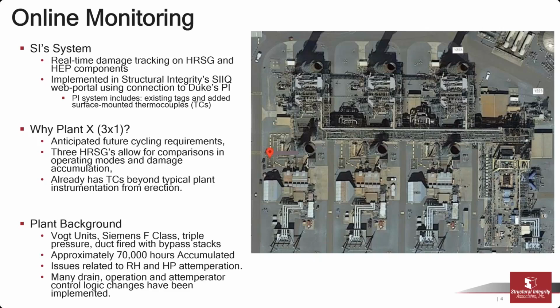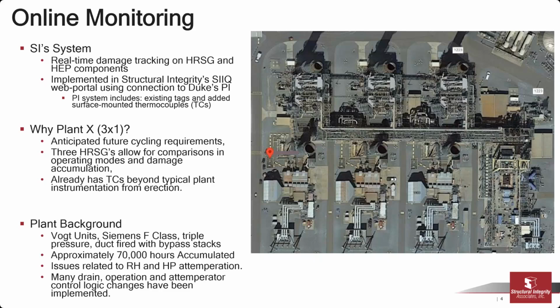A lot of those things have contributed to damage in our attemperators, and also visible indications of some thermal stress, such as some bowed tubes in a reheater section, for example, that was related to attemperator overspray and attemperator operation. A lot of those things we have been able to address.